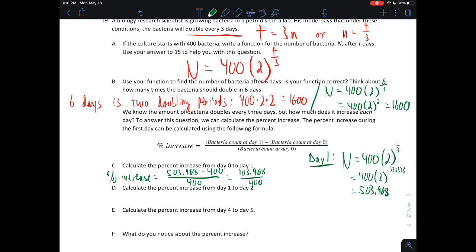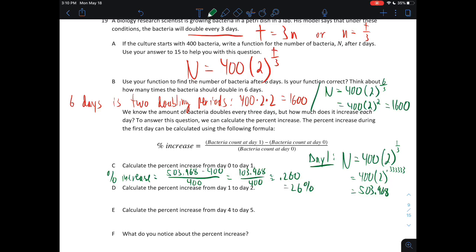And what you're finding with this is the amount that was changed is the number went up by 103.968. And we're finding what percent of the original amount is that. So 103.968 divided by 400, you get 0.25992. That's approximately 0.260, which is 26%. So it went up by 26%.